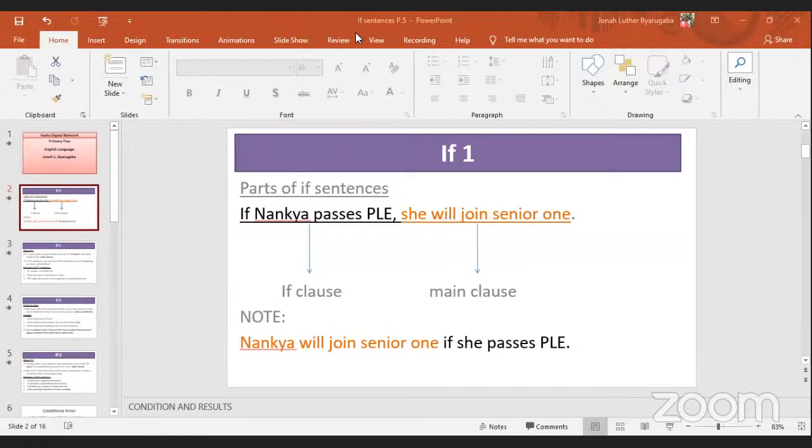Shamad? If Nakia passed PLE, she would join senior one. That is if two. We have just explained if that is if two, Shamad. Let's get serious here. We cannot be doing the same thing over and over again. We need to advance, isn't it?